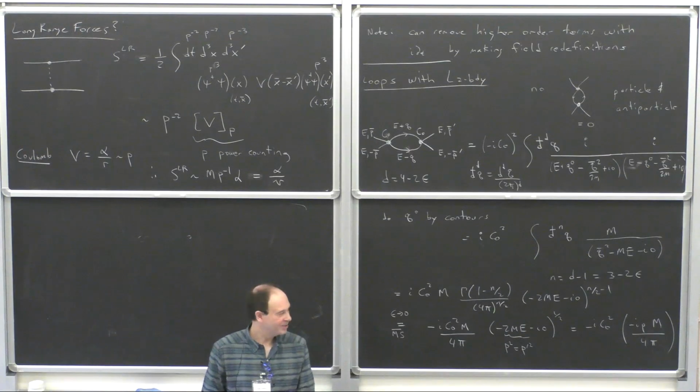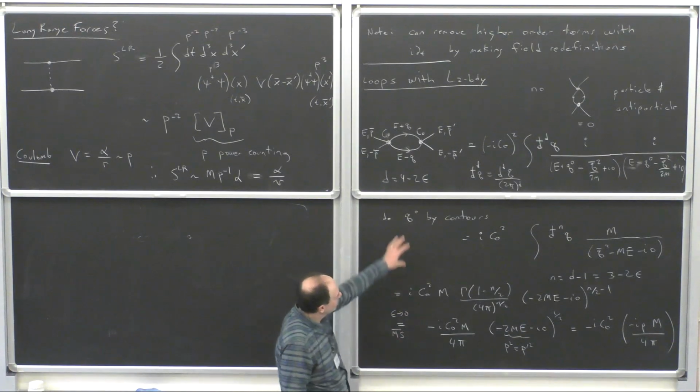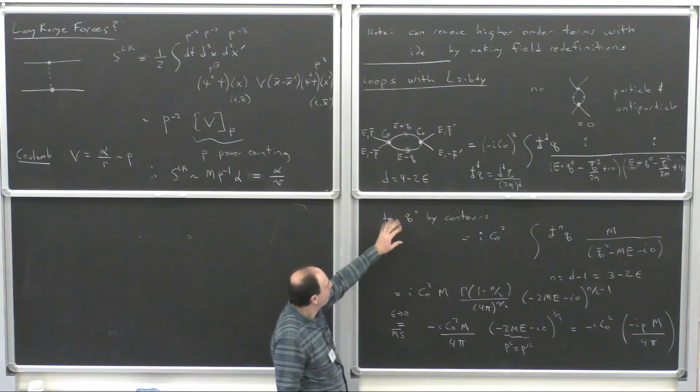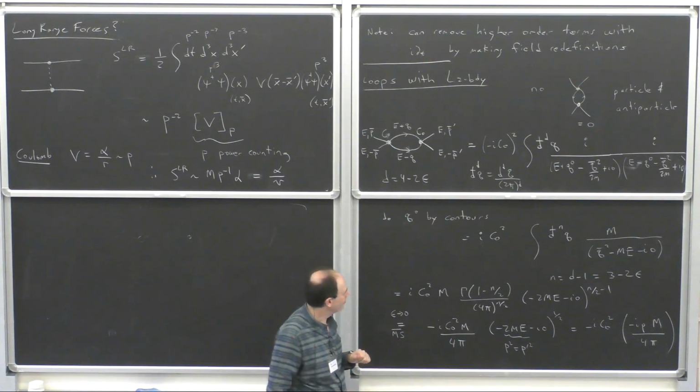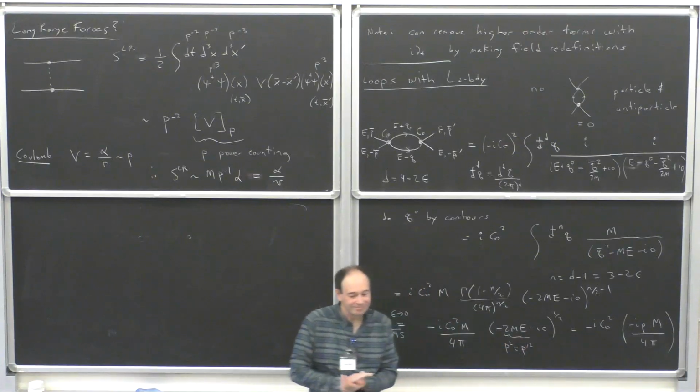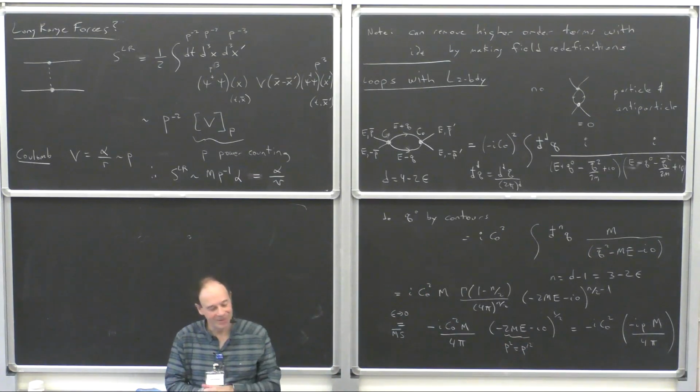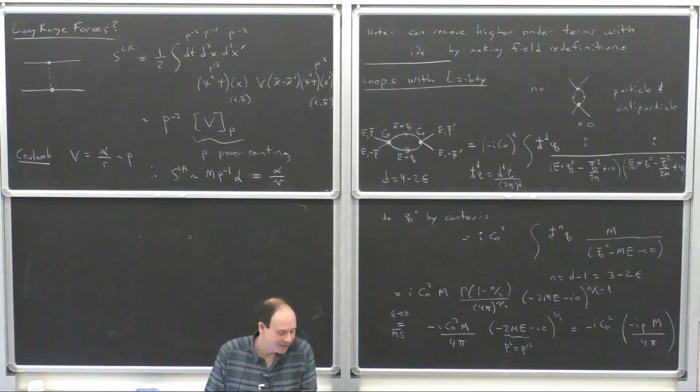I'll prompt questions by saying, if you look at this calculation here, there's some wool that's been pulled over your eyes if you think about what's happened, which I'll talk about next time, but if somebody notices, I'm happy to talk about it this time.